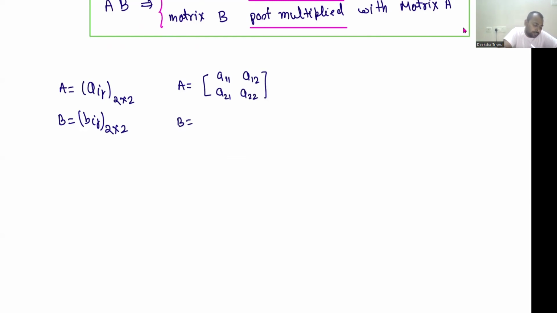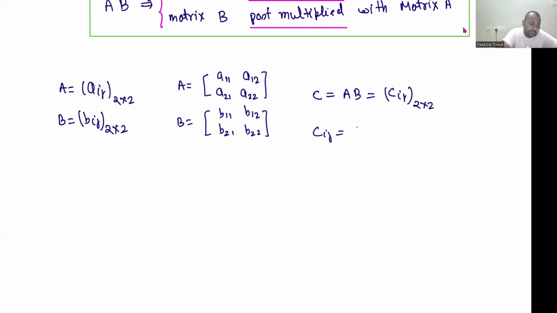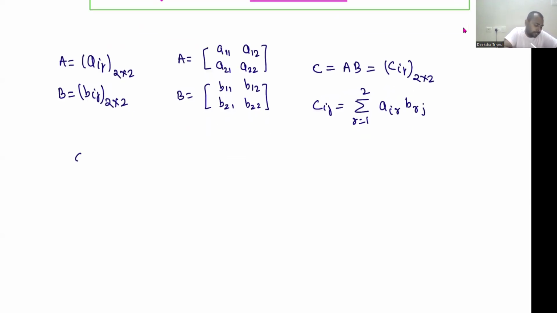Similarly, the B matrix we are writing B11, B12, B21, and B22. Now we can define the C matrix, that is AB. Now we are writing that element Cij and order is 2 cross 2. In multiplication, we know Cij is sigma k equal to 1 to 2, Aik Bkj. Now we need to define that C matrix.